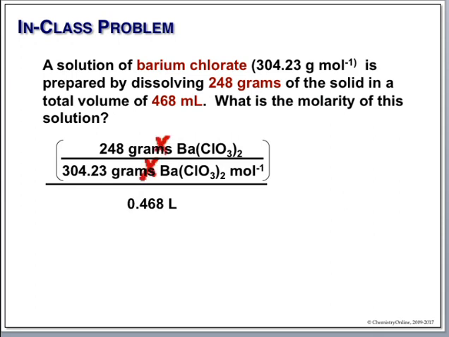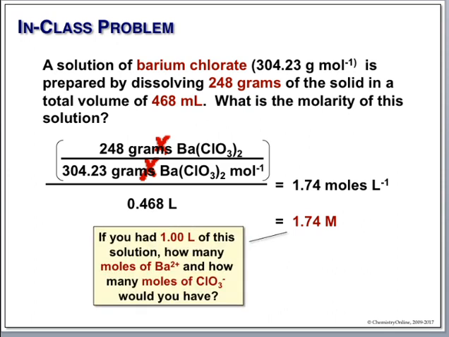1.74 moles per liter, or 1.74 molar. Now, what if I asked you, if we had a liter of this, how many moles of barium and how many moles of chlorate?